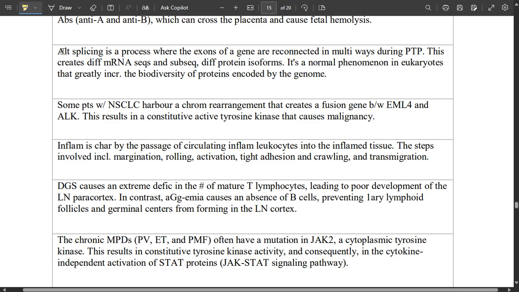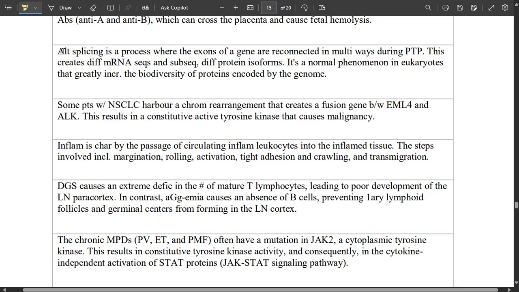What's the full form of PTP? I'm not sure. Alternate splicing and PTP. PTP delta or receptor tyrosine phosphatase. I think it's just a receptor. It's a very difficult concept, so just know it as PTP.